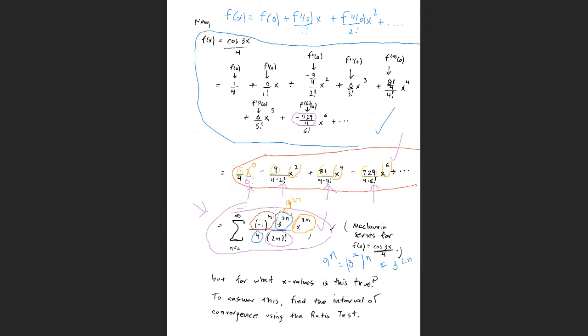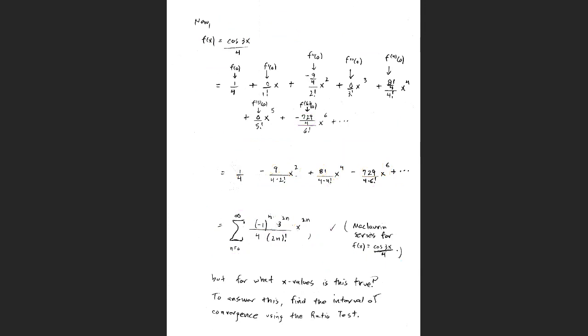The x to the 2nth power here is part of the formula because all of the powers in the non-zero terms of the series are even powers: x to the 0 power, x squared, x to the 4th, x to the 6th.